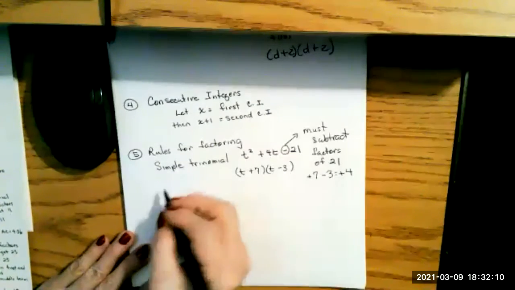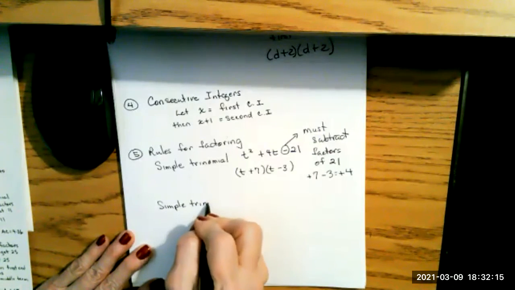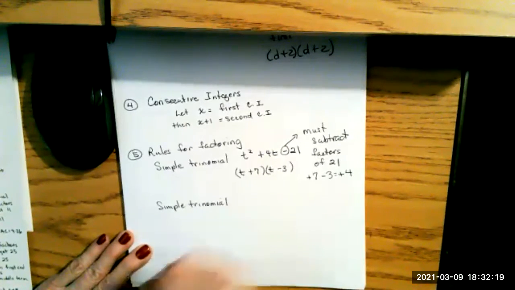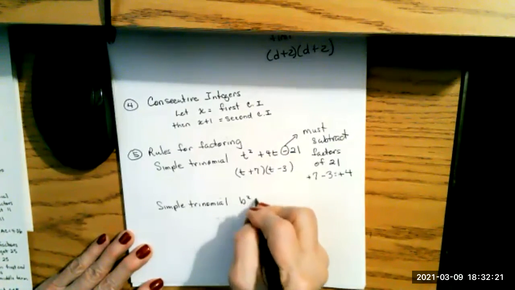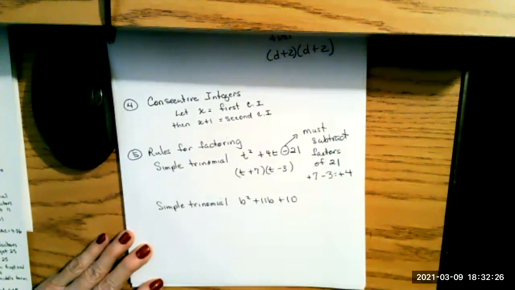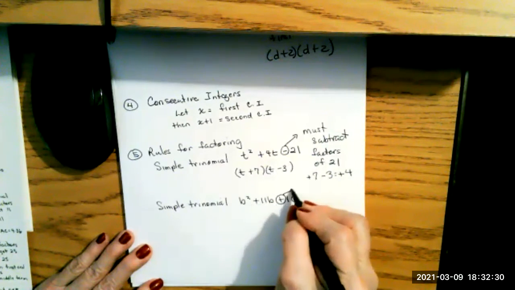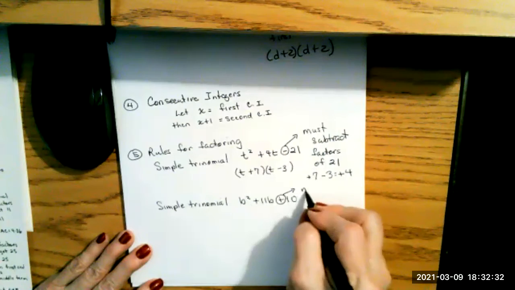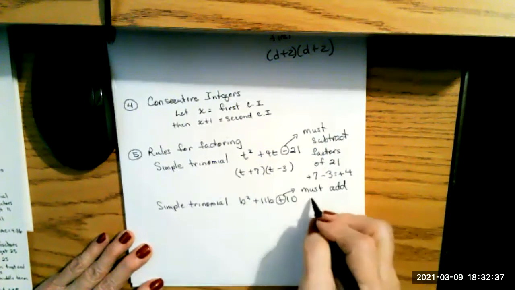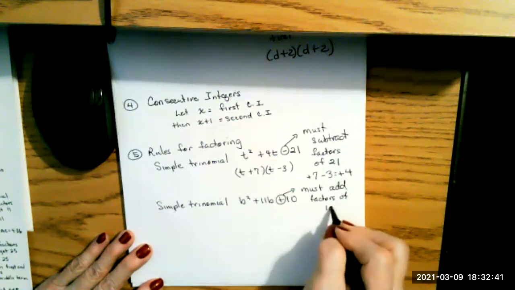Okay, let's try another simple trinomial. If I have b squared plus 11b plus 10. Notice that my last sign on this one is a plus. That means I must add factors of 10.